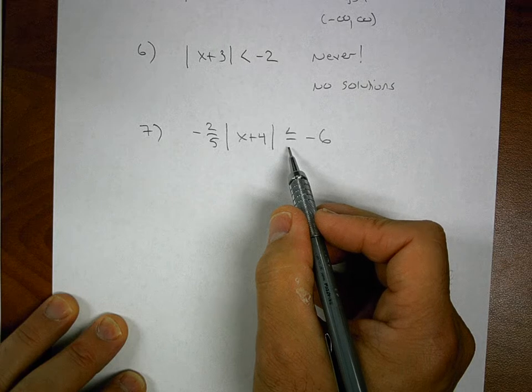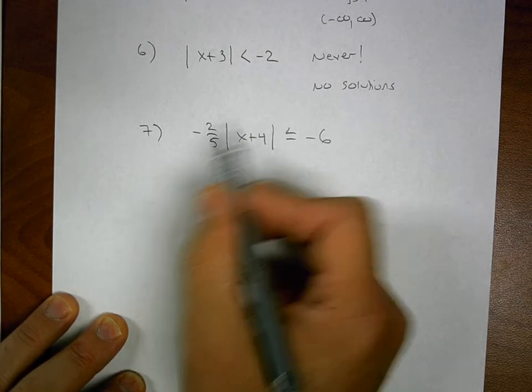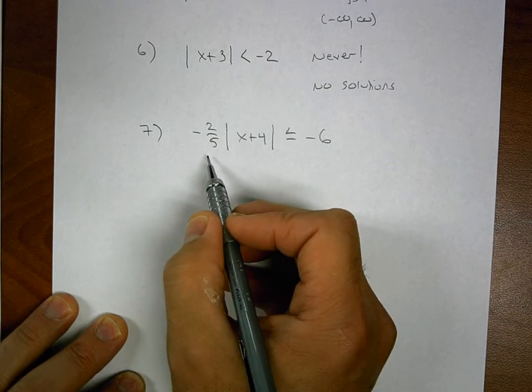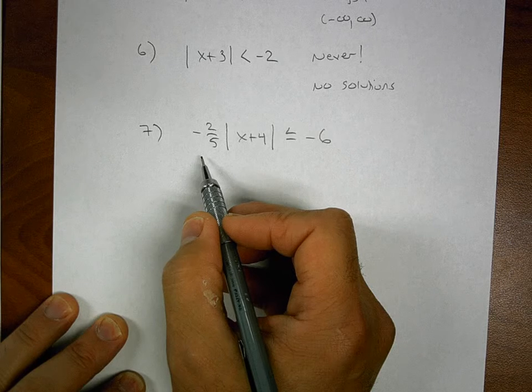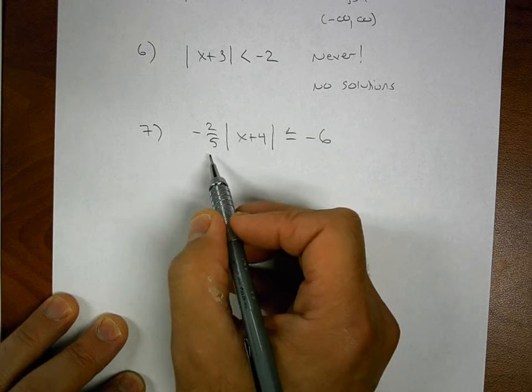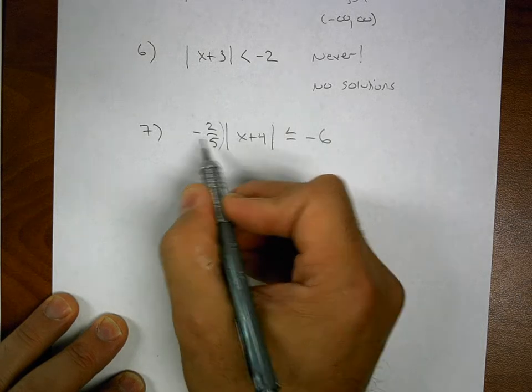But what do we have to do? We got to isolate this first. How do we get rid of this negative 2/5? Multiply by what? The reciprocal. Or you could divide by negative 2/5 or multiply by negative 5 over 2. So let's multiply by negative 5 over 2.